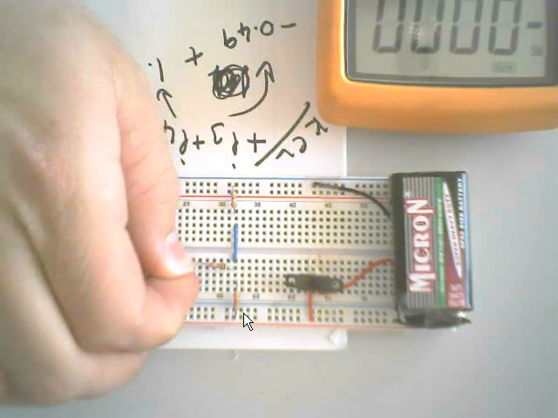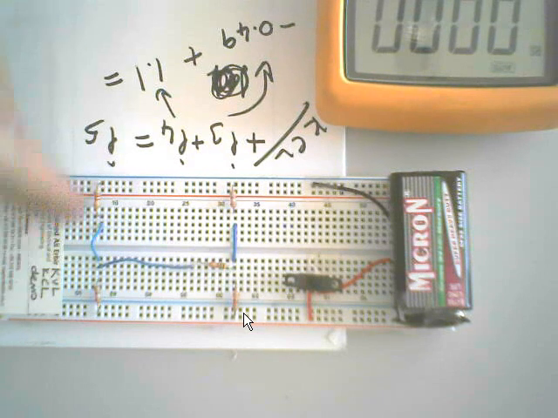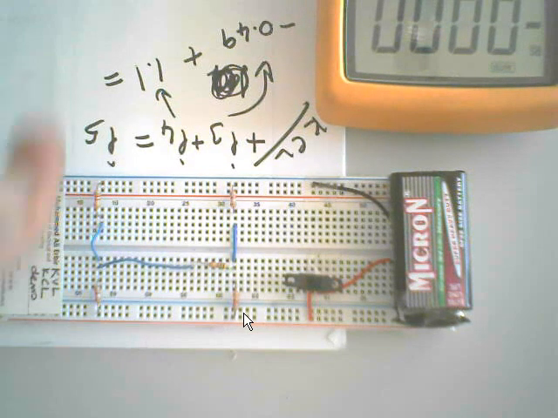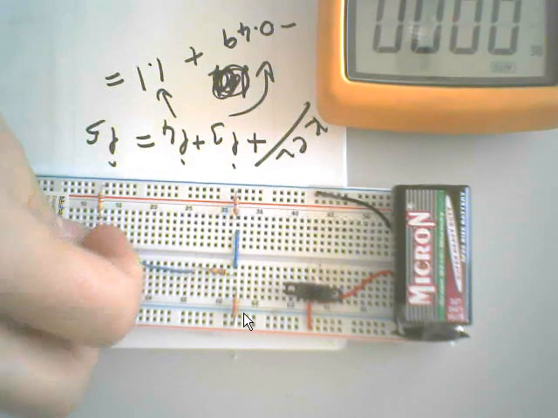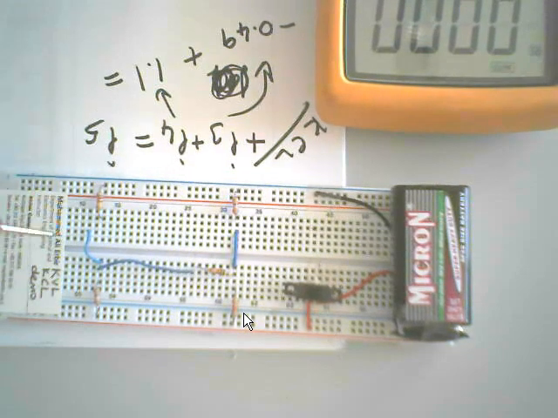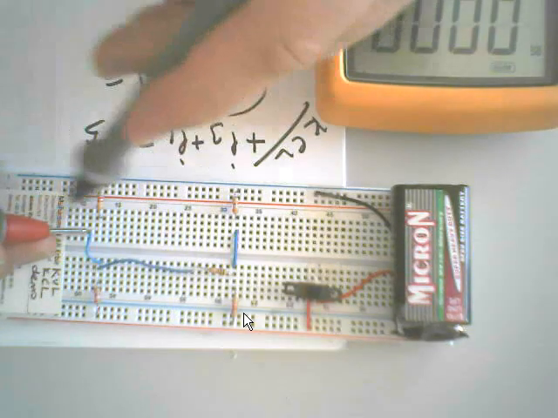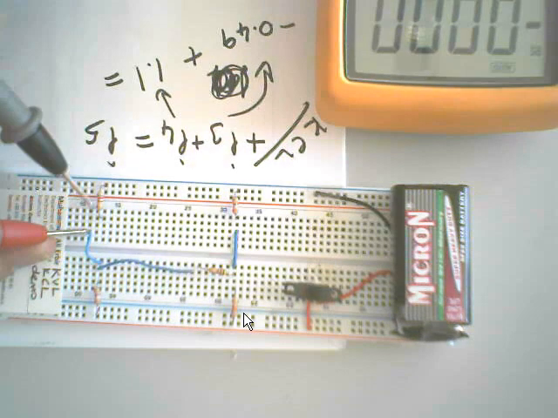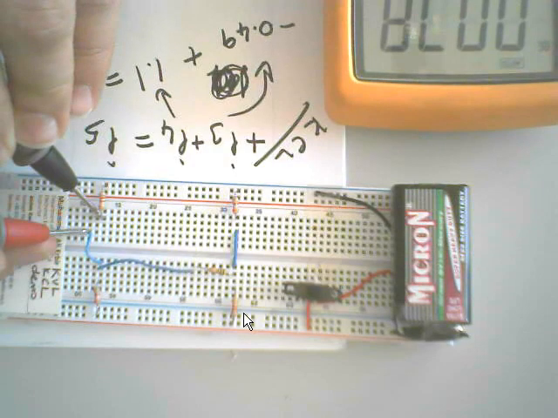Let's measure I5. To measure I5, it's going in this direction. I am opening the circuit and I'm touching the red one here because the defined current is coming here and going out the black one, and what I read is 0.78 or 0.77.